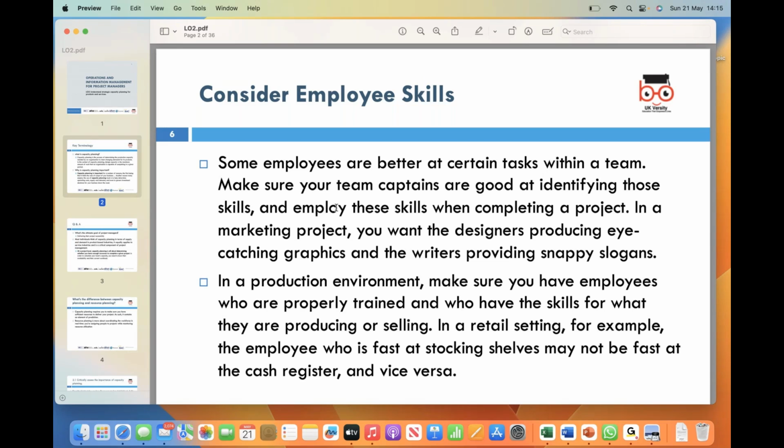Similarly, in a production environment, it is crucial to have employees who are adequately trained and possess the necessary skills for their specific roles. Consider a retail setting, for instance. The employee who excels at swiftly stocking shelves may not necessarily possess the same proficiency when it comes to operating the cash register, and vice versa.